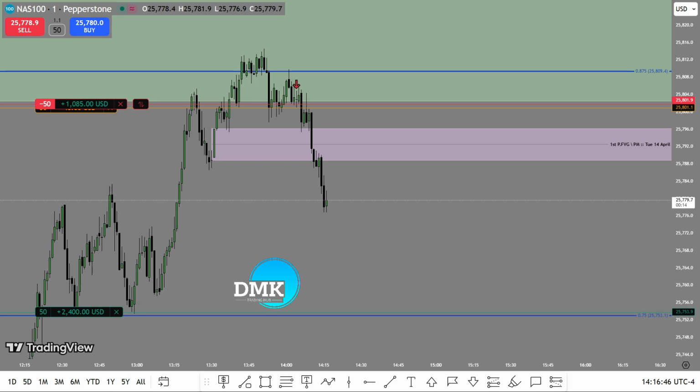Key levels: the low of the fair value gap in green, and the gradient level of the daily wick.